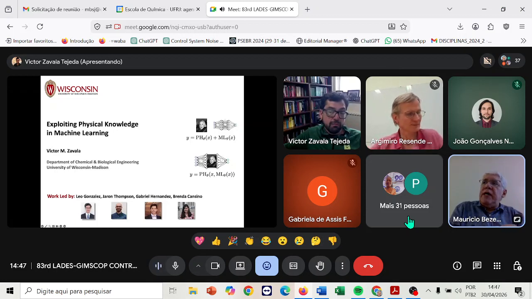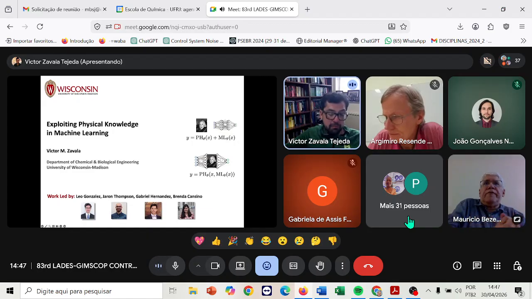I don't know how it is the scenario in the American universities, but do you think we should also include these approaches, for hybrid models, in the formation of the future chemical engineers?